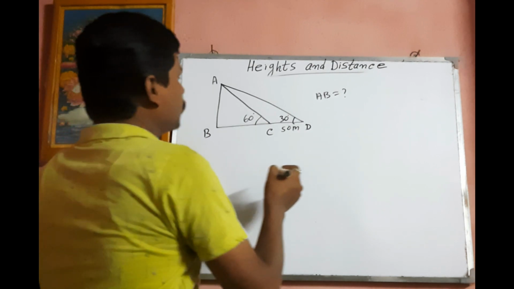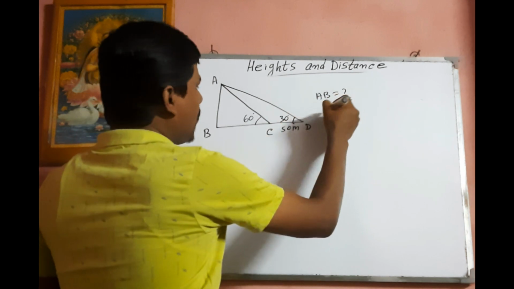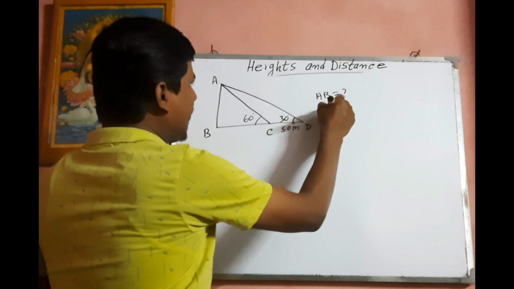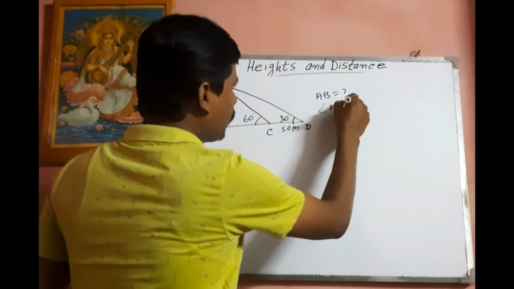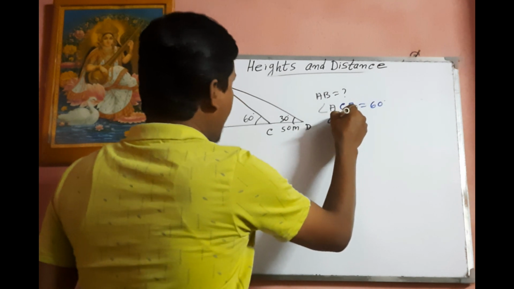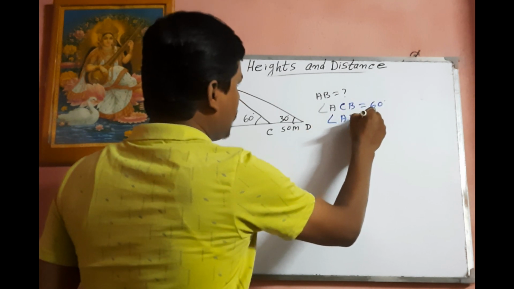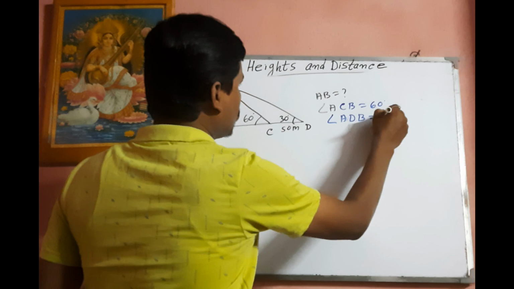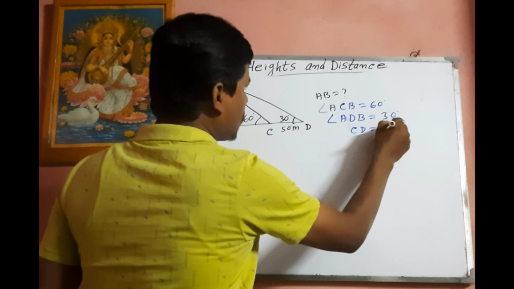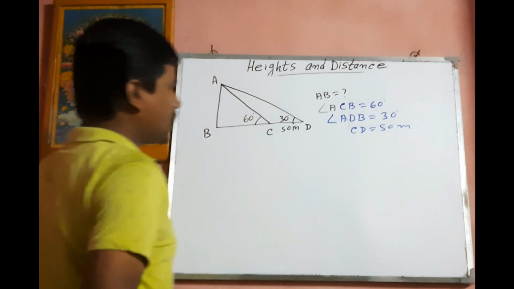So here AB is to be found out, and angle ACB is equal to 60 degree is given, and angle ADB is equal to 30 degree, and CD is equal to 50 meter is given.